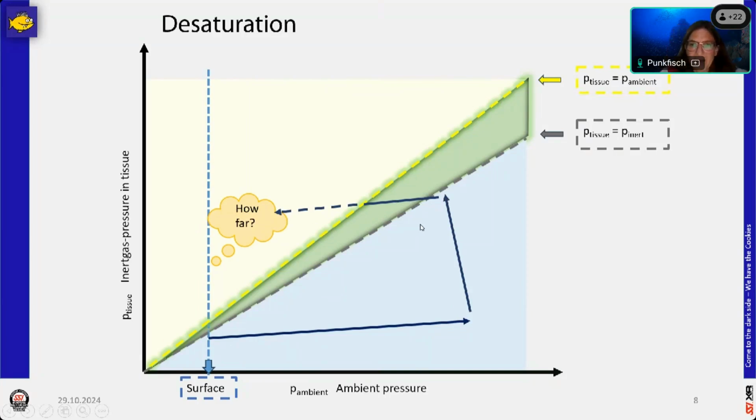To get back to what we've seen before, this line does represent the saturation level of this tissue. It does not directly represent time. That's important. It's not like, okay, from here to here is half the time. No, from here to here is half the saturation.